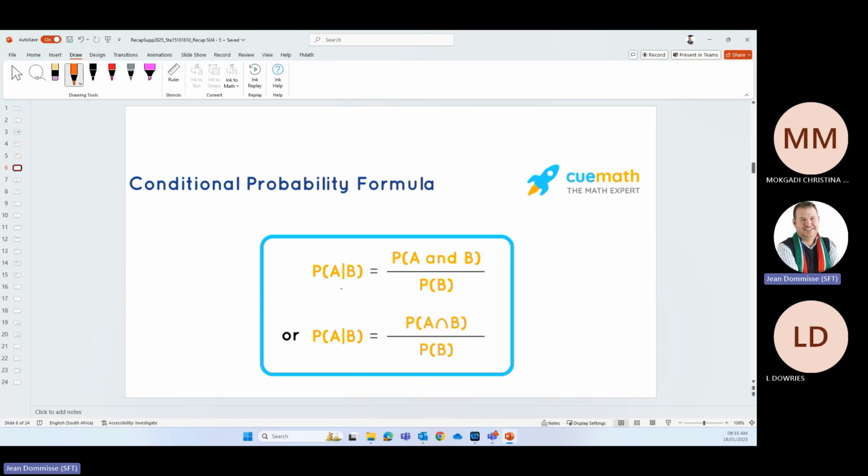So a lot of times they will tell you in words, it's the event of one given the event of another one. Or when written as a formula, how we read it is probability of A given probability of B.